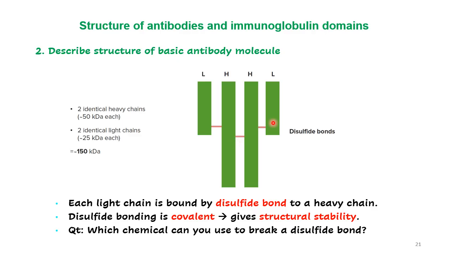And then you look here at the light chains. One light chain is going to be connected to a heavy chain also by a disulfide bond. So they have disulfide bonds connecting light and heavy, and disulfide bonds connecting the heavy chains. Now, how do you get a disulfide bond?